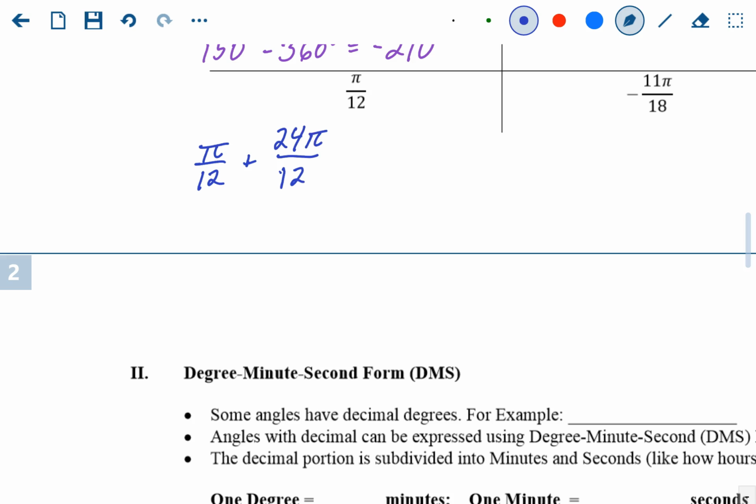So we're going to be adding and subtracting 24 pi over 12. Adding is going to give me 25 pi over 12, and subtracting is going to give negative 23 pi over 12.